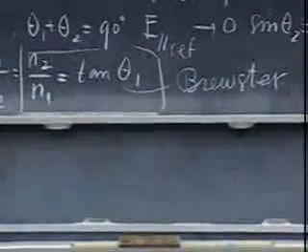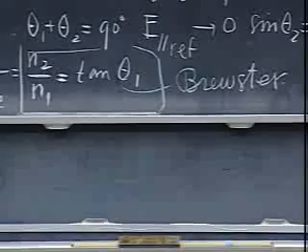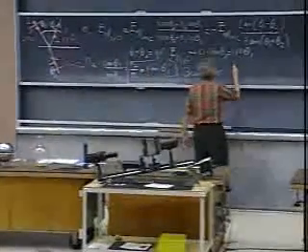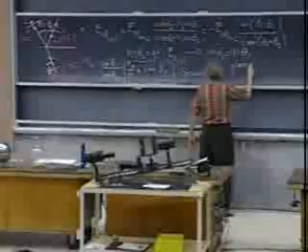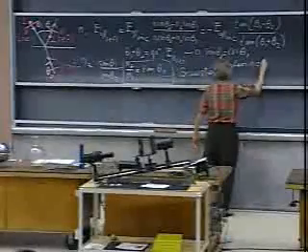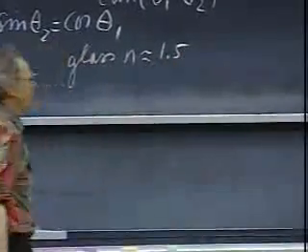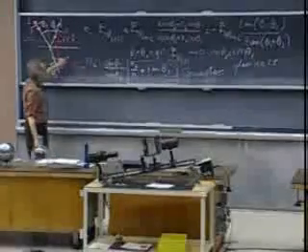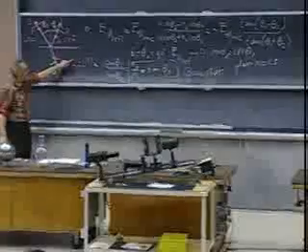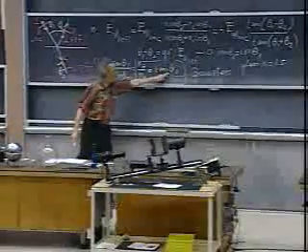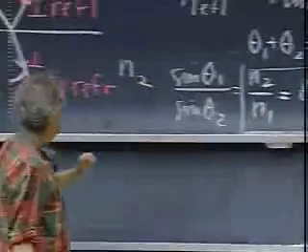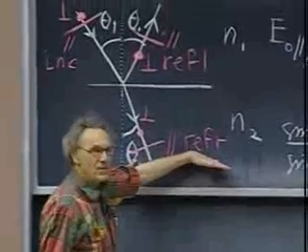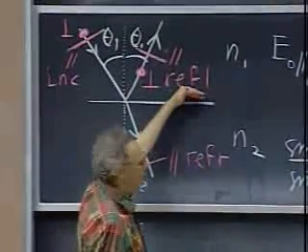And so if we, for instance, look at the transition from air to glass, glass has an index of refraction of approximately 1.5, depending on the kind of glass that you have. If I go from air to glass, which is what I will do in my demonstration, then the tangent of this angle is n2 divided by n1. This is glass, so this is 1.5, n1 is 1.